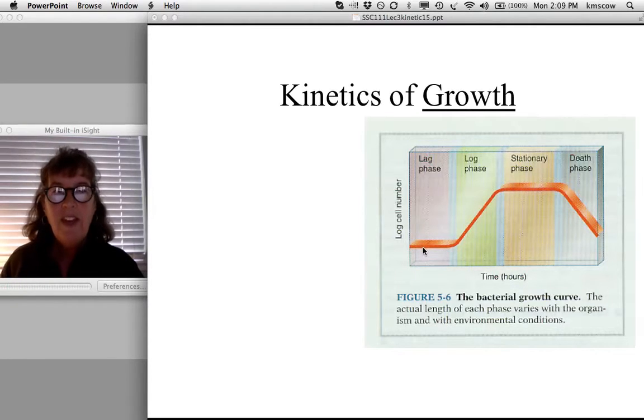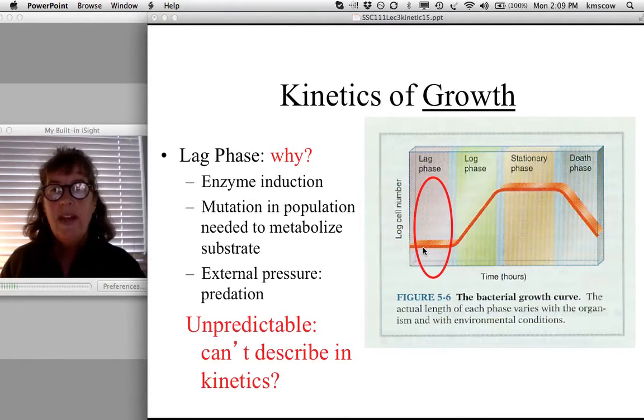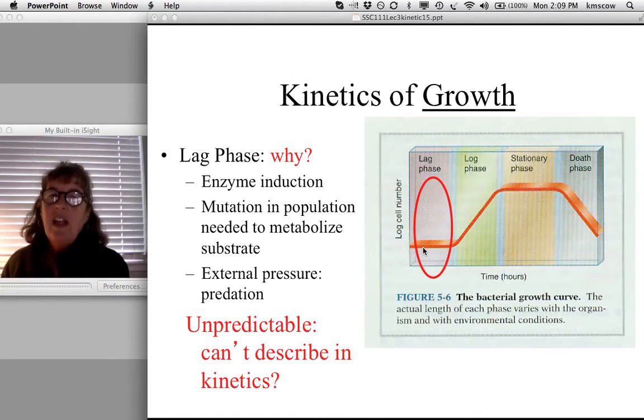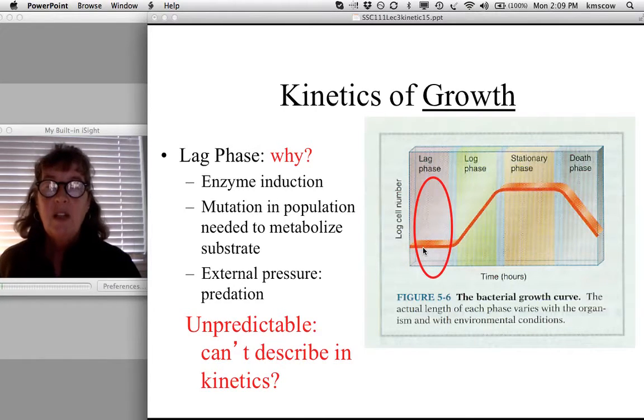So a lag phase is a time when there's different kinds of things that can be going on. You can have a lag phase where the organisms don't immediately start to grow if there needs to be enzymes induced for that particular substrate that the organisms are going to use.